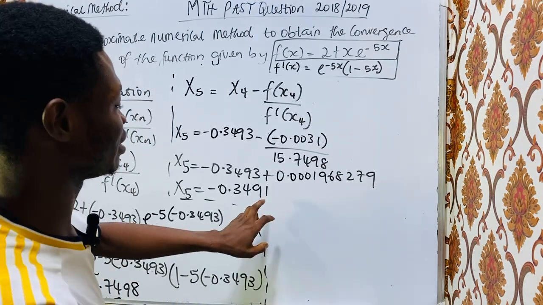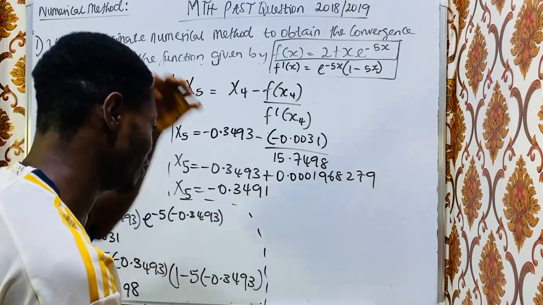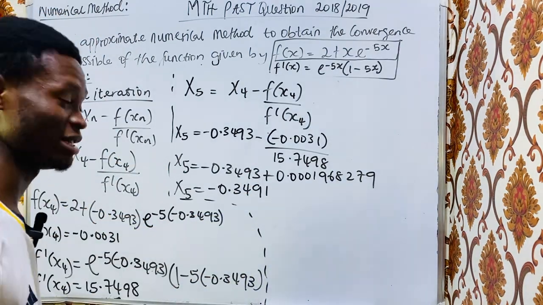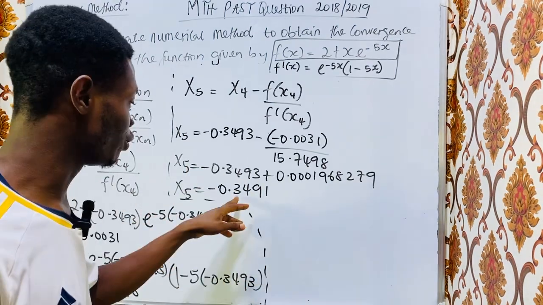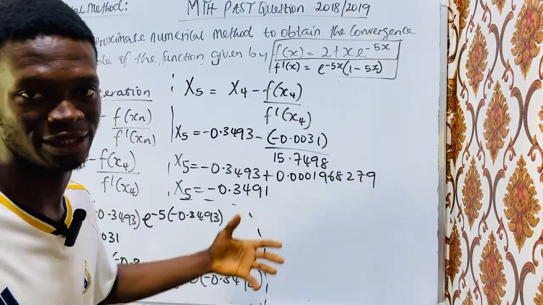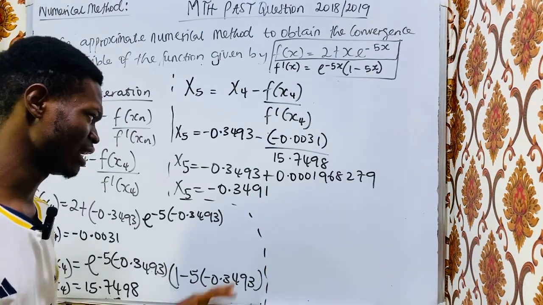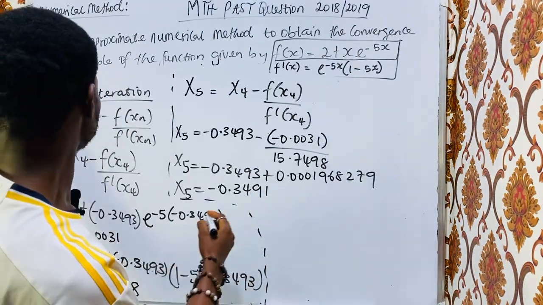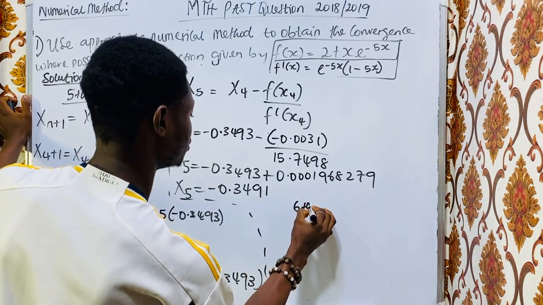Let me know whether I will get the same approximate value with this one. Let me just suffer myself and go for the extra. But at least if you have 2 decimal places repeating, it means it has converged. But I just want to know whether I will get the same exact value with this. So, sixth iteration.